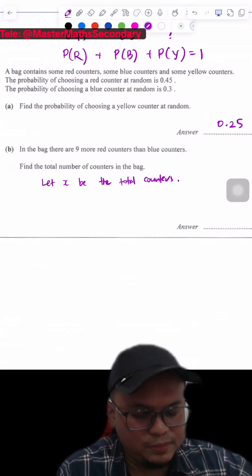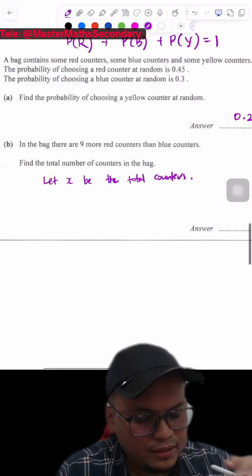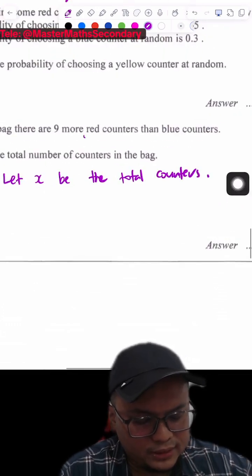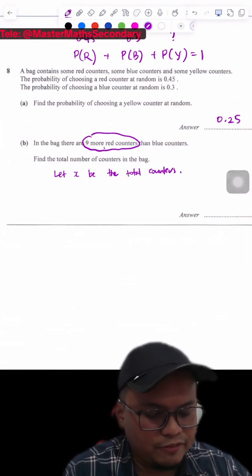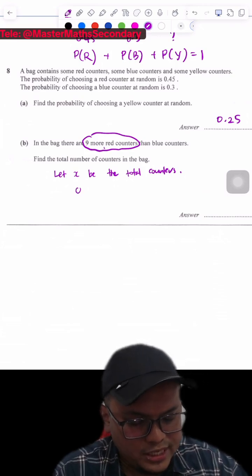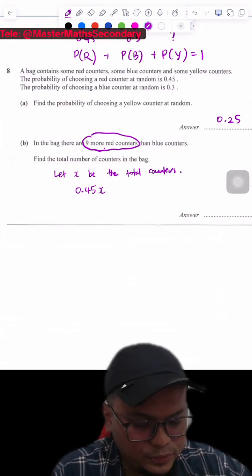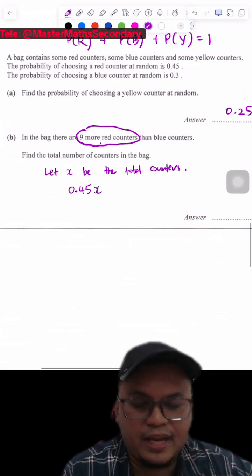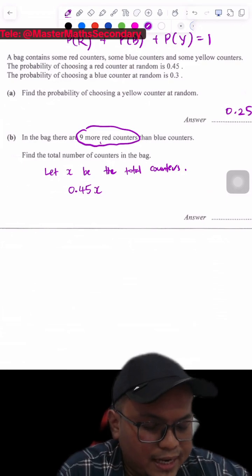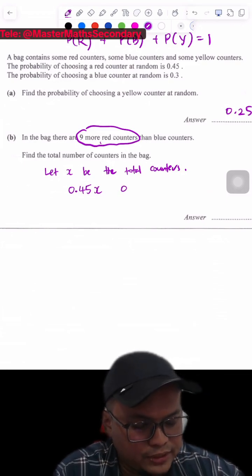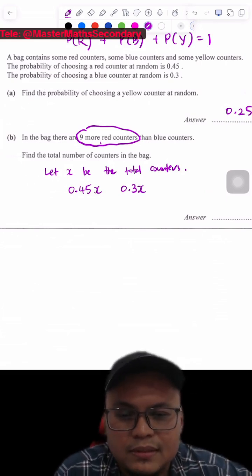To get 9 more red counters, I can find the number of red counters, which is 0.45 times x. And I would find the number of blue counters, which is 0.3 times x.